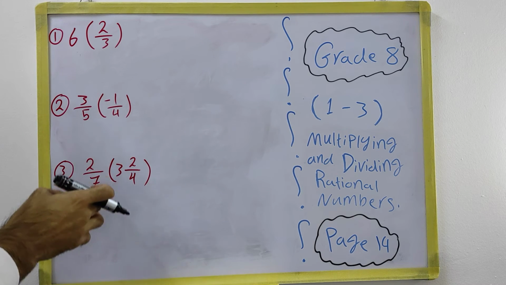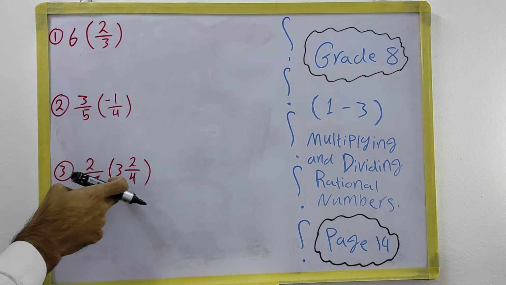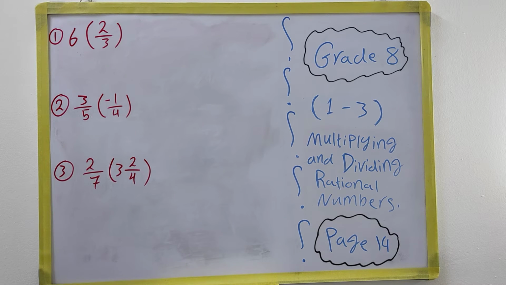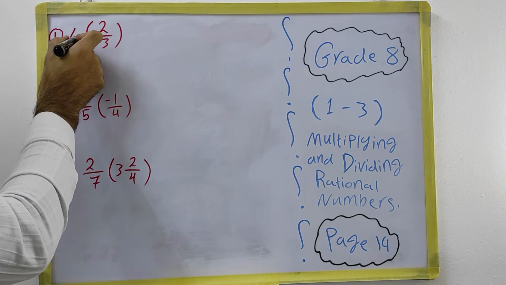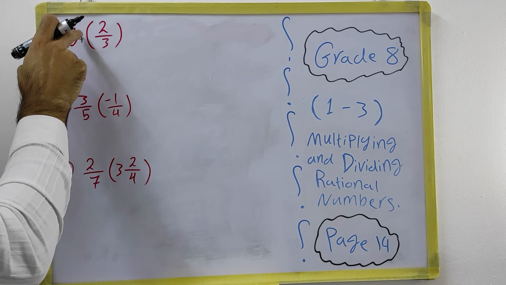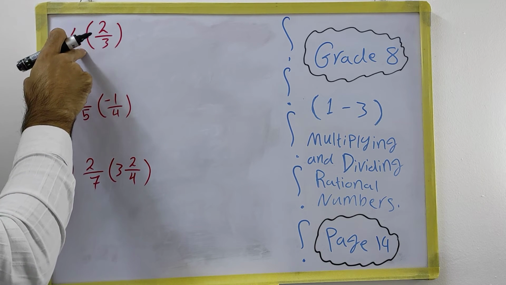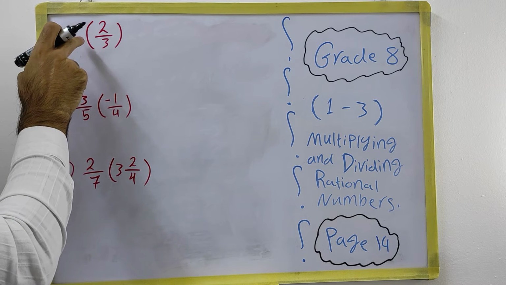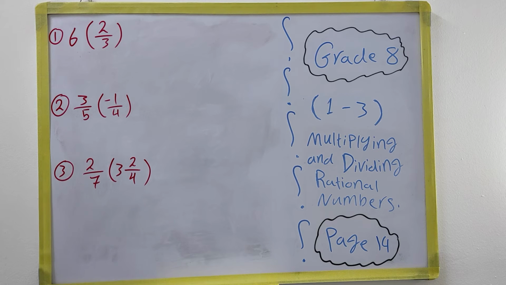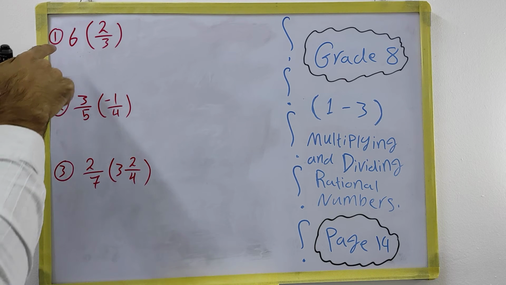Whenever you see nothing between the bracket and the number, it means we have multiply. But if it's written like 6 plus 2 over 3, then in this case it's addition. When you have nothing between the bracket and the number, it means it's multiply.